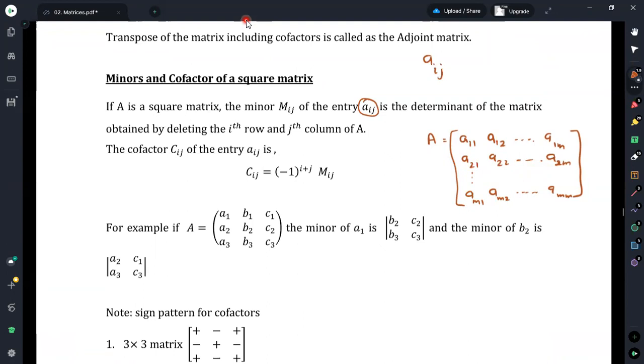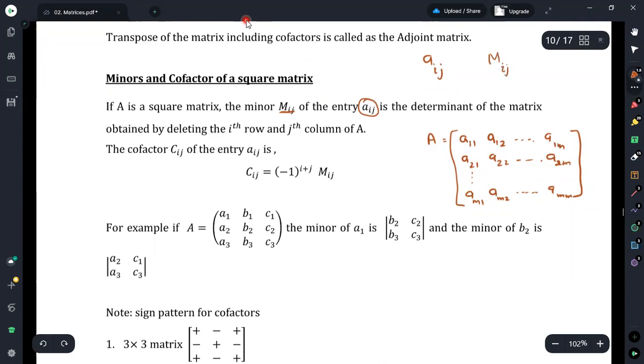If you are considering a particular element Aij, then this will associate with a thing called the minor, which we are naming as Mij.